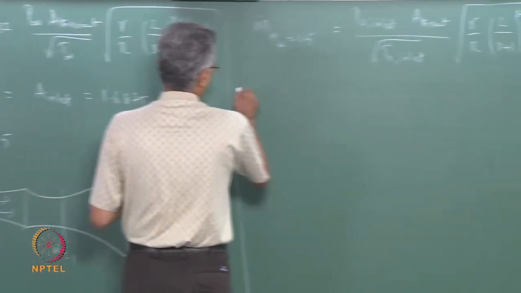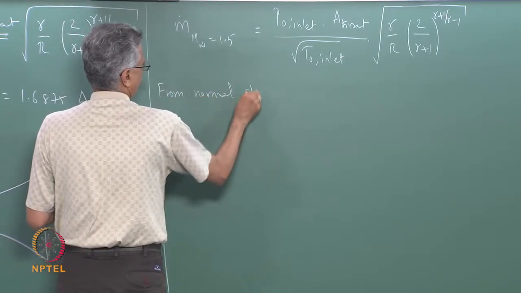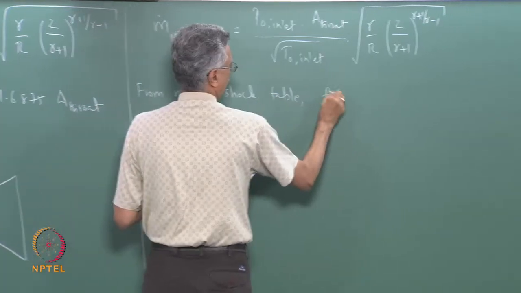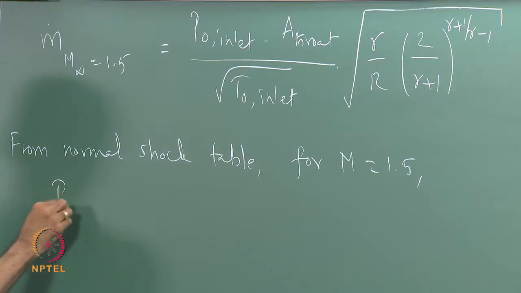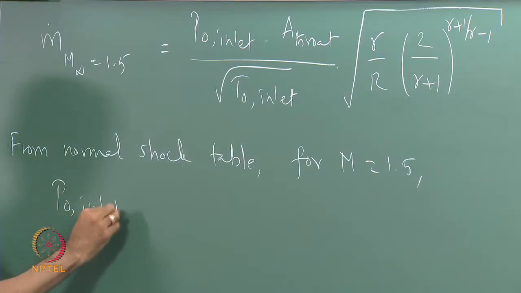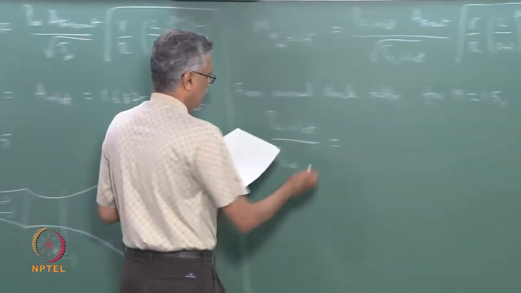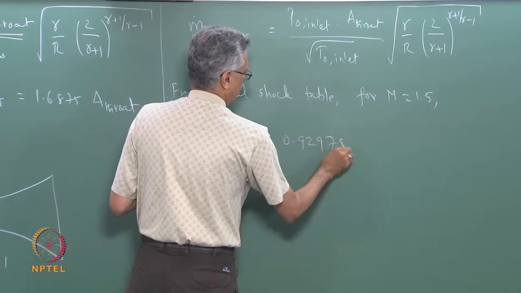So, from normal shock table, for M equal to 1.5, we have P0 inlet, which is after the shock wave, divided by P0 infinity, which is the stagnation pressure ahead of the shock wave. Right? The ratio of stagnation pressure comes out to be 0.929787.